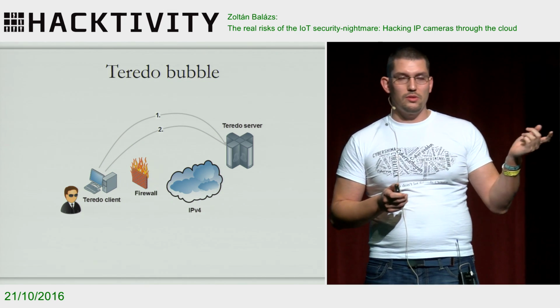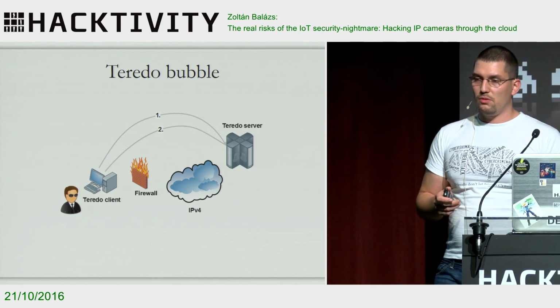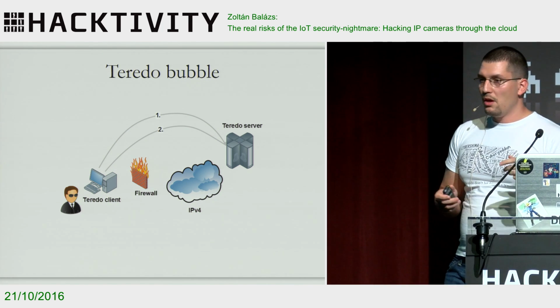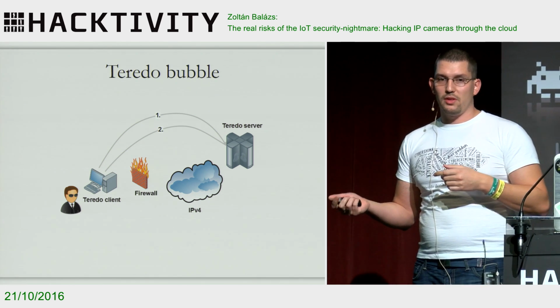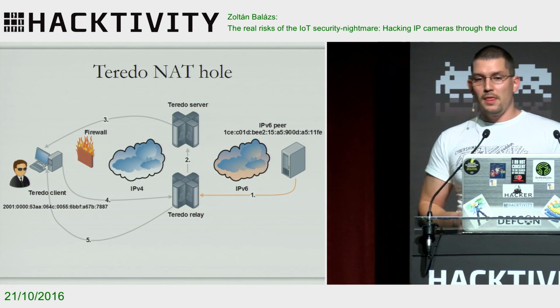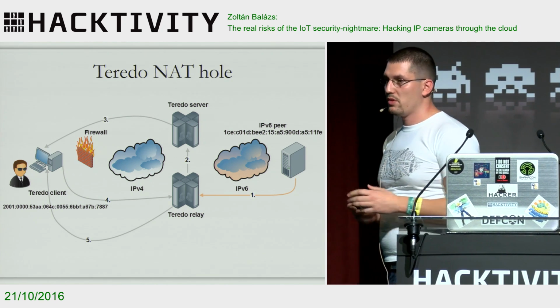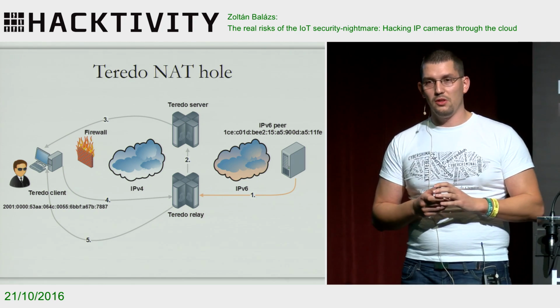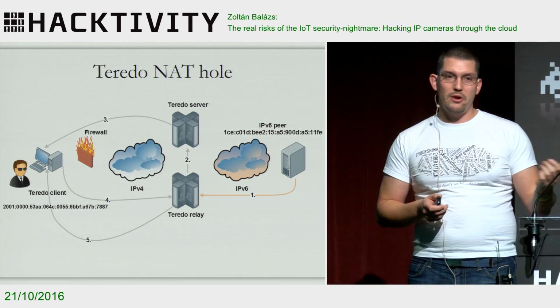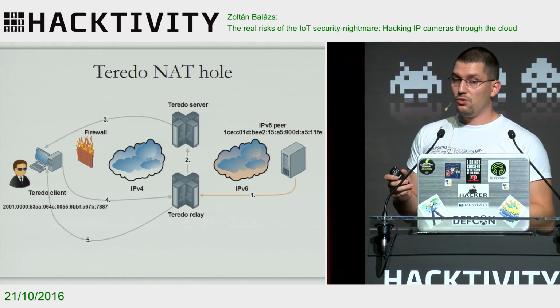And because it's a packet which is always active on the router, the Teredo server is now able to connect back to the Teredo client. And if there is another IPv6 peer on the IPv6 internet which wants to connect directly to this Teredo client, then they will be able to do that.